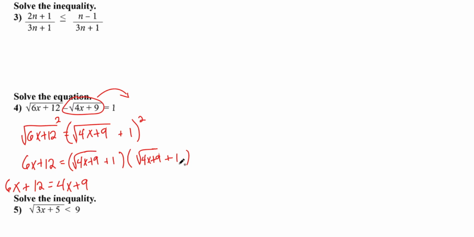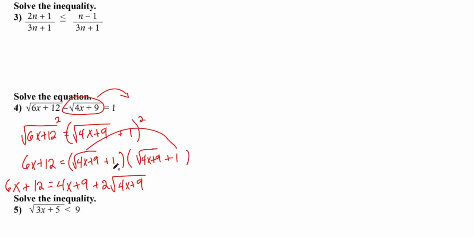And then I got a plus 1 square root of 4x plus 9, then another square root of 4x plus 9. So what does that give me? Plus how many of them? Plus 1 is plus 2 square root of 4x plus 9. All right, that's my outside and inside. Just did it in my head, okay? I went outside, I went inside. That gives me 2 of them. Do you see it? Right?